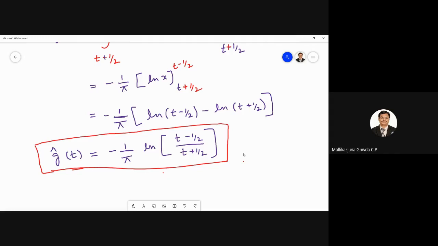I will just give you one more example, which is similar to this one. Find the Hilbert transform of sinc function. Hope it is clear now?